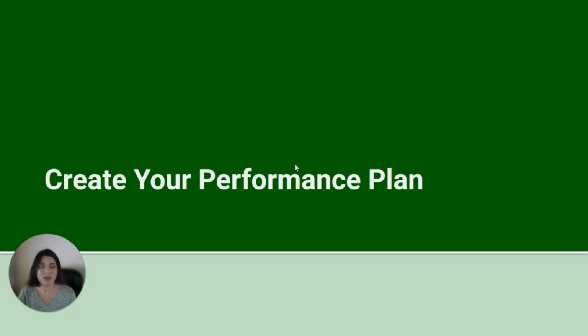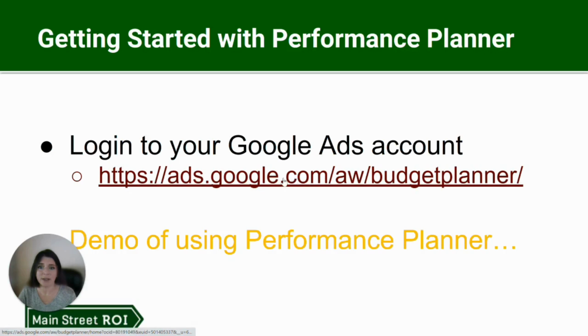So we can move right on into creating your performance plan. If you go to your Google Ads account, you can just log in using the usual sign-in that you have, and then go to your budget planner. I'll click on this just to show you where it is and go into this demo here.